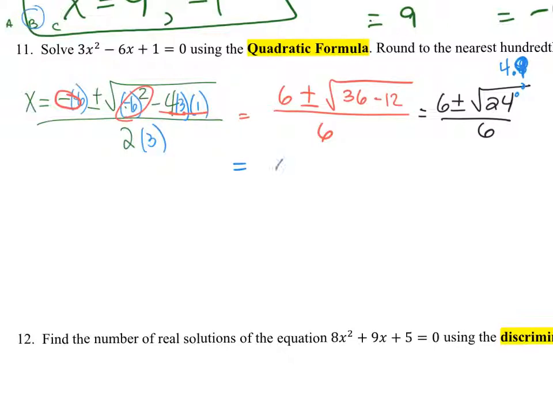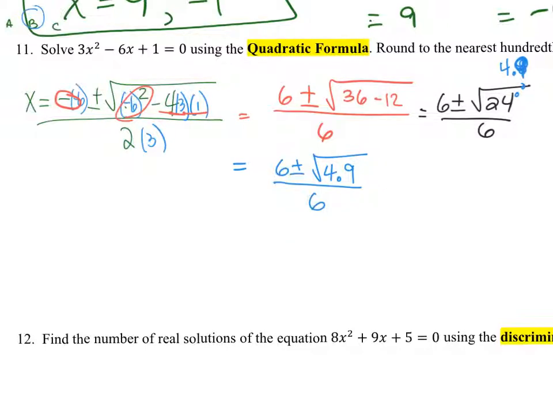So then you're going to do 6 plus or minus 4.9 and then over 6. Remember that the plus or minus, what this is representing, is 6 plus 4.9 and then 6 minus 4.9.